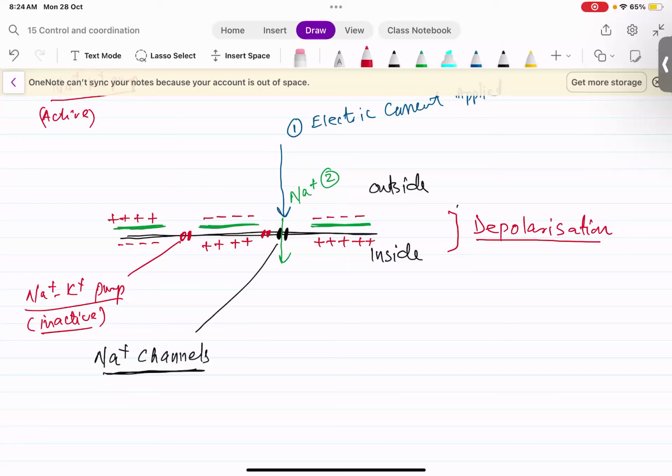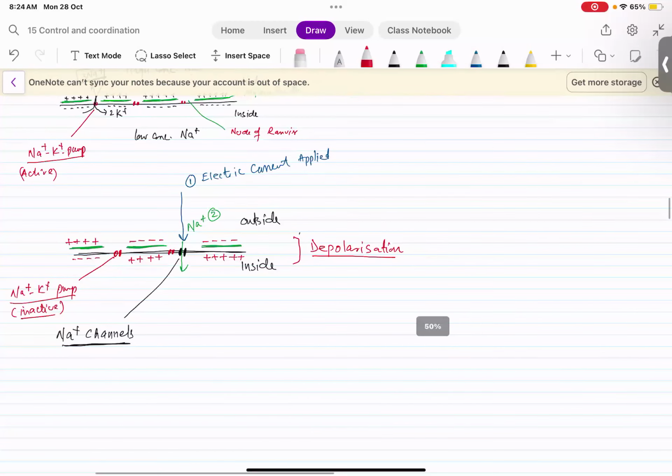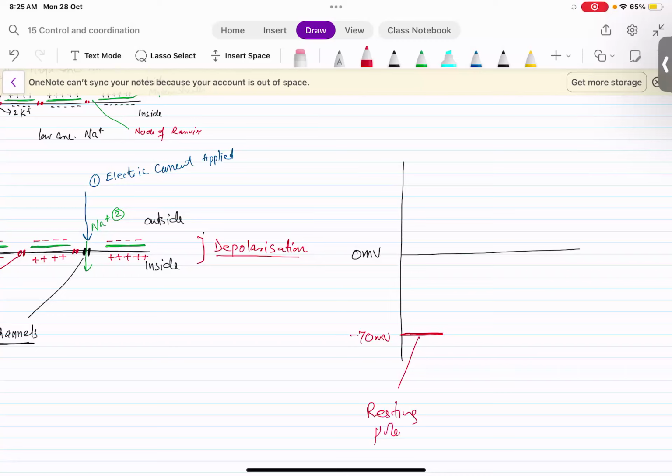If we record this change in the potential difference between inside and outside of a cell with the help of an oscilloscope on graph paper, then as I said earlier, this is the graph showing 0 millivolts potential difference, and this is initially minus 70 millivolts, which is the resting potential.